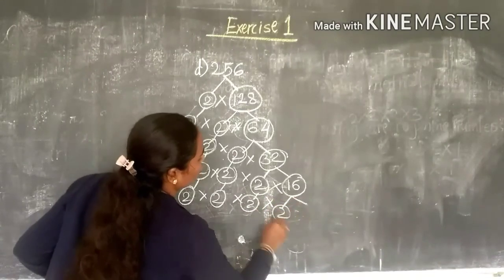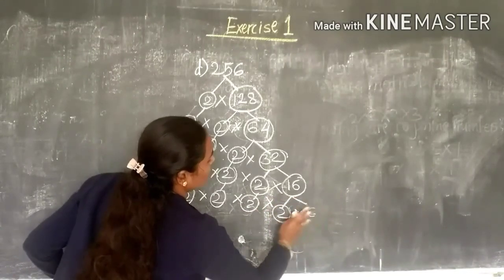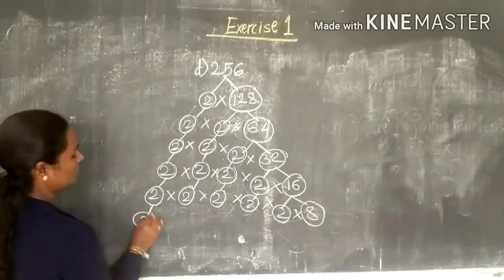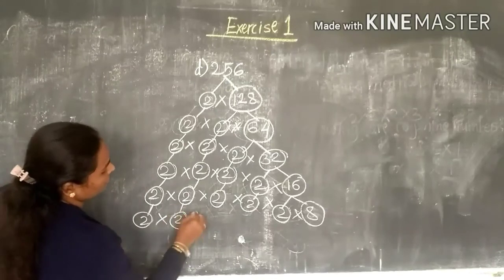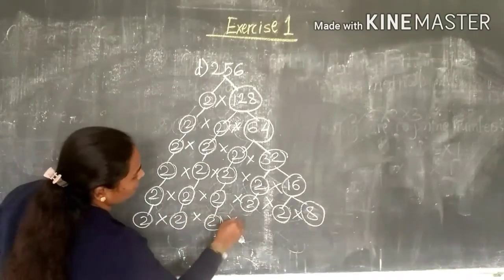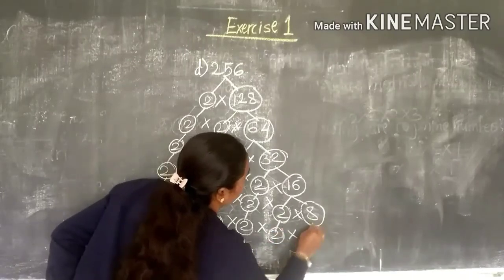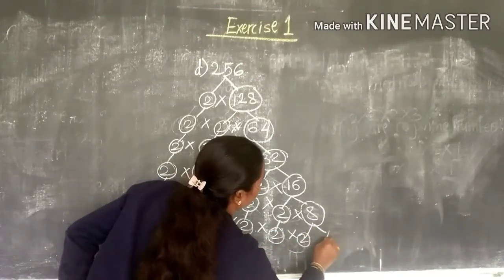Yes, 2 8s are 16. Again we have to see the division. 2 4s are 8.